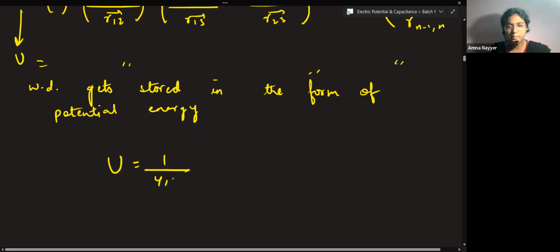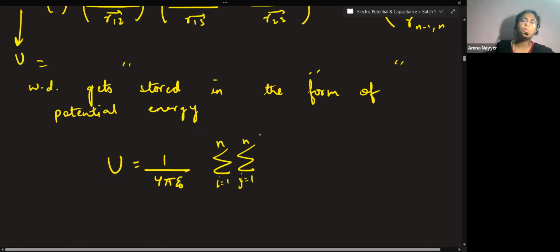1 by 4 pi epsilon naught, the K that is common already. If you write the summation from i is equal to 1, that is for the first charge, and for the second charge, let's say j is equal to 1, to n.